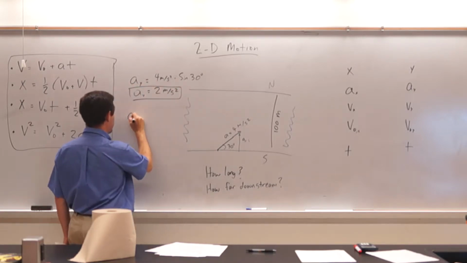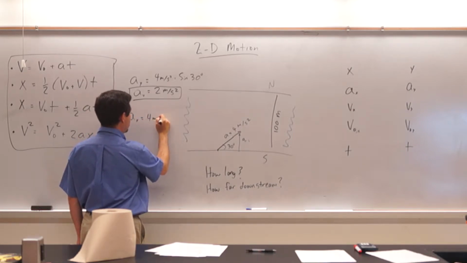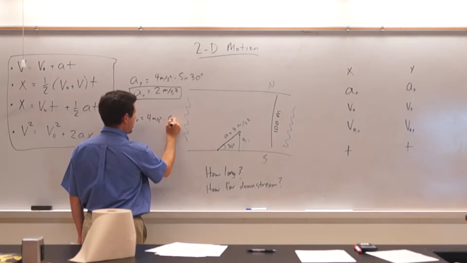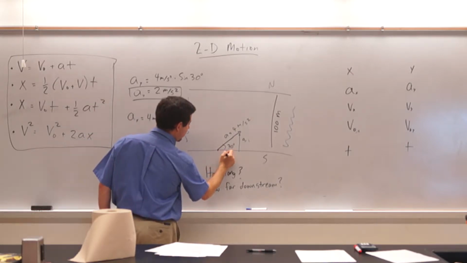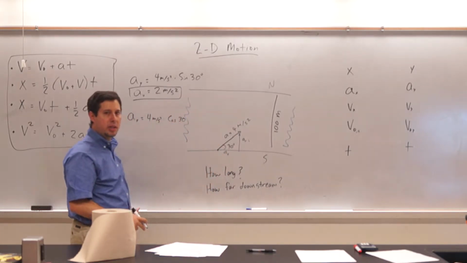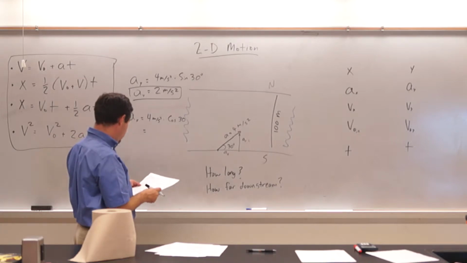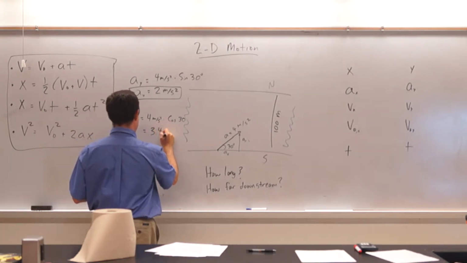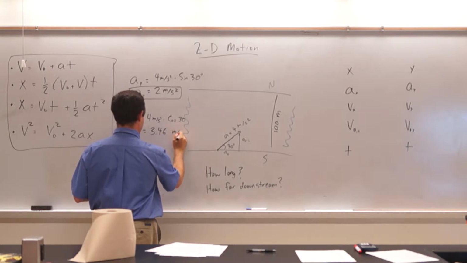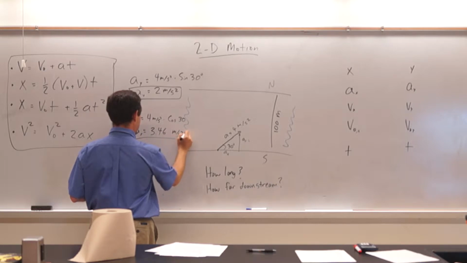A sub x is going to be 4 meters per second squared times the cosine of 30 degrees. And this is a sub x right there, an acceleration in the x direction. You do that, you end up getting 3.46 meters per second squared.